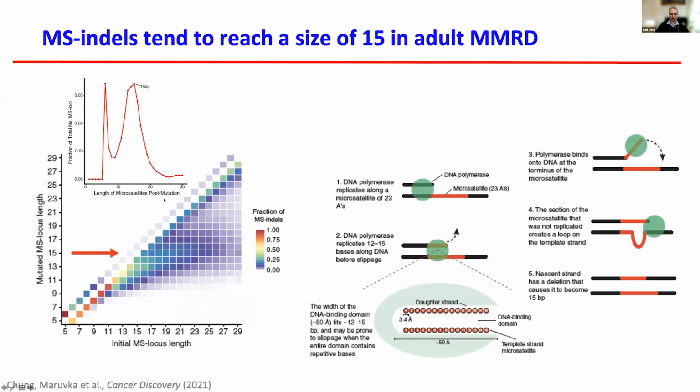So if the original size of the microsatellite was more than 15 bases, it has deletions that bring it to 15 bases. What we think is going on, the model, is that this reflects the size of the polymerase: once it's 15 bases into the microsatellite and it flops up and down, it could then jump to the other side of the microsatellite, and it actually prefers to have 15 bases of a microsatellite as cells divide.